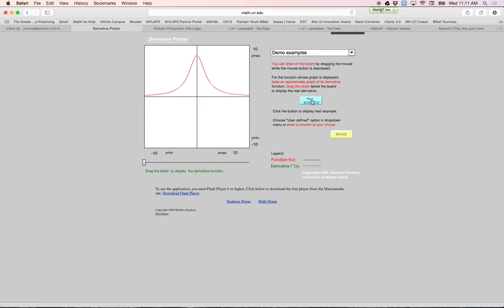Low, really close to 0. Then it's going to get steeper, really steep, and then start approaching a slope of 0. So where should your derivative cross the x-axis? Right here, because you get a slope of 0. Then we go to negative slopes. Here's what it's going to look like. It looks really cool.